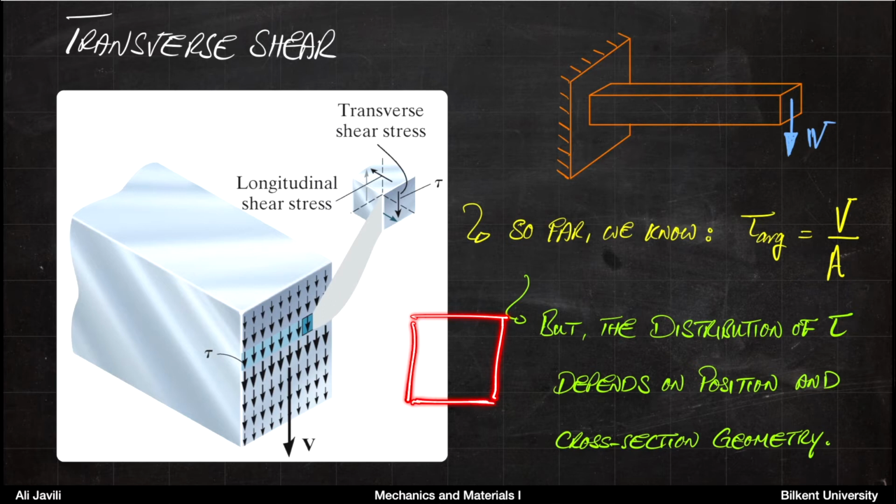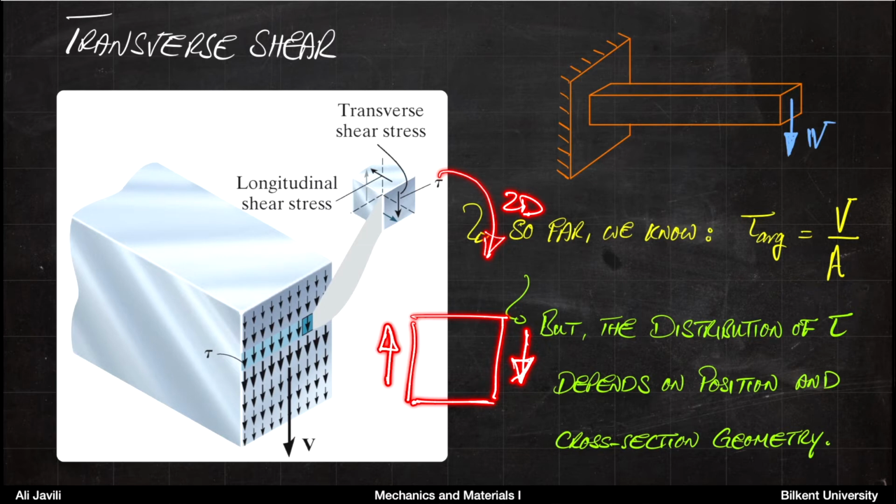If you have, for instance, an incremental piece of material, this is the same thing I'm showing here, but only in 2D. If you apply a transverse shear downwards, you would need a transverse shear upwards at the other side to keep equilibrium of forces.